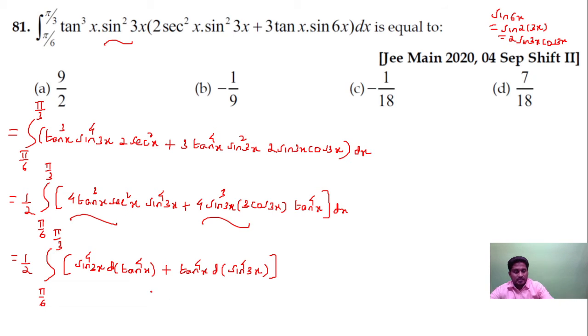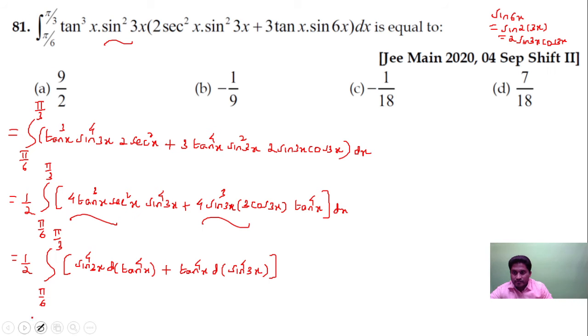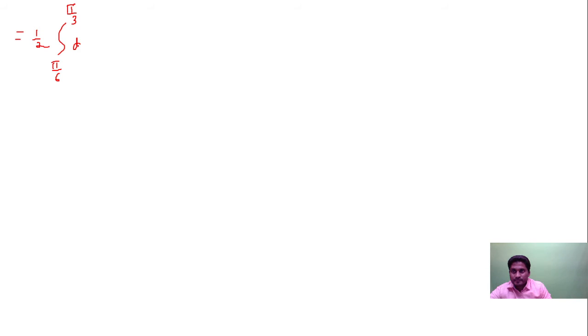Now this can be written as 1 upon 2 integration from pi by 6 to pi by 3, and then this can be written as d of, let me write this 3 clearly. So this is 3, and then this can be written as d of sine power 4 3x into tan to the power of 4x.